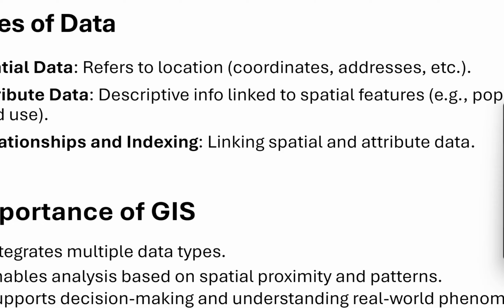This is very important because it can support decision making and understanding real world phenomena. Whatever we do, we are looking at the real world as a layer in GIS. If we are interested in soil properties, then we look at a soil layer of the real world. If you see sudden changes, it can help in decision making.